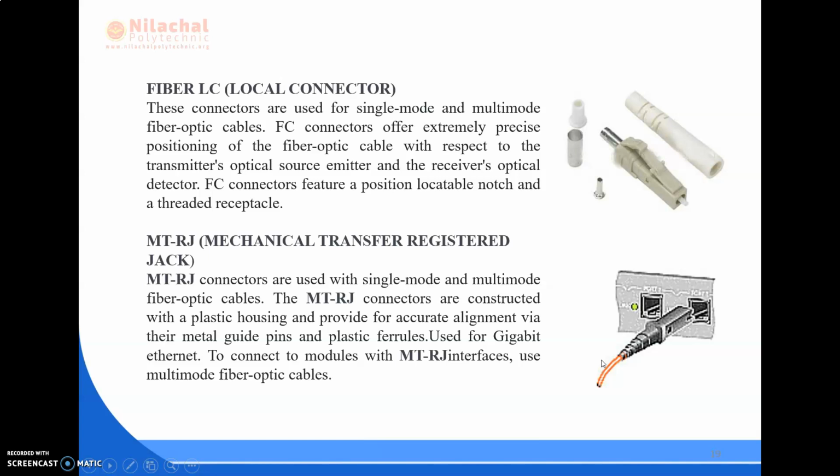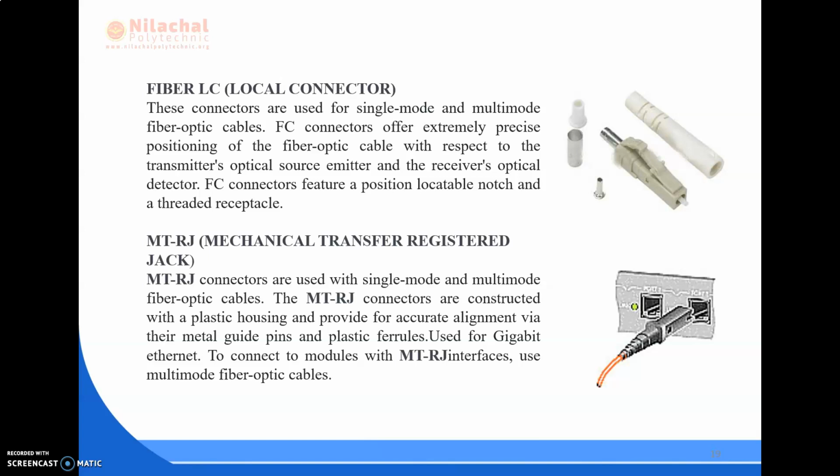We also have the LC connector, known as local connector or Lucent connector. It is designed to compete with the SC connector. It is half the size of the SC connector. It locks itself with a latch similar to RJ45. These connectors are basically used for single mode and multi-mode fiber optic cables.